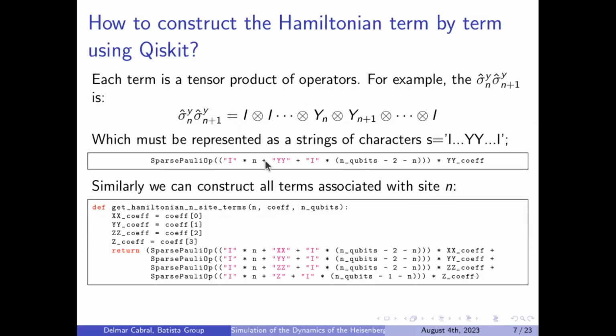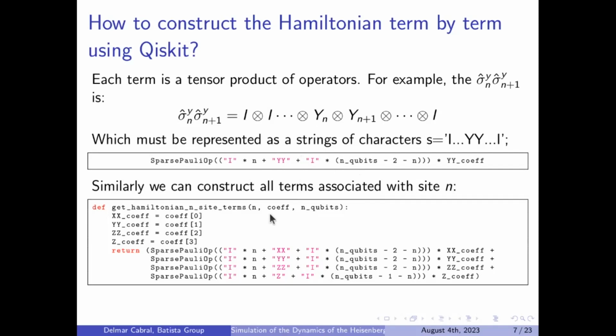However, when we call this function in Qiskit, SparsePauliOp, we just need to provide the string that represents the sequence of these matrices. And if we know the index at which we have to apply the Y and Y terms, then we just need to prepend and append the correct number of identity matrices.